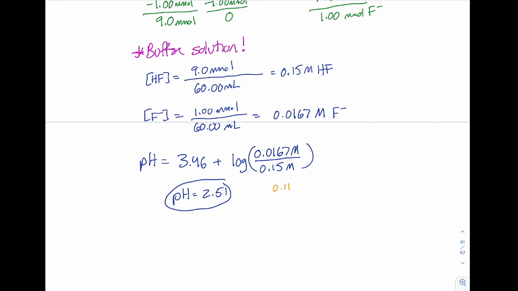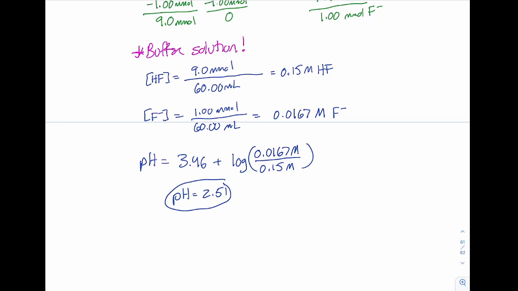I'm taking the log of that number, and I'm getting a negative 0.95. And then I'm adding that to this number. So I have 2 digits after the decimal point, 2 digits after the decimal point, so 2 digits after the decimal point. So I'm back up to the 3 significant digits again. So again, just please pay attention to those.